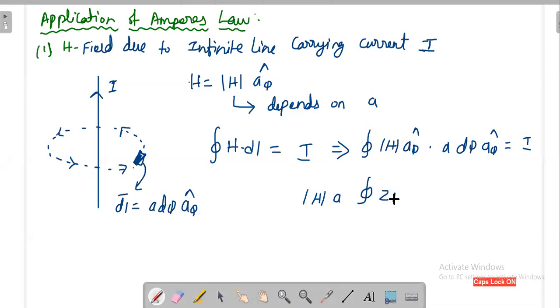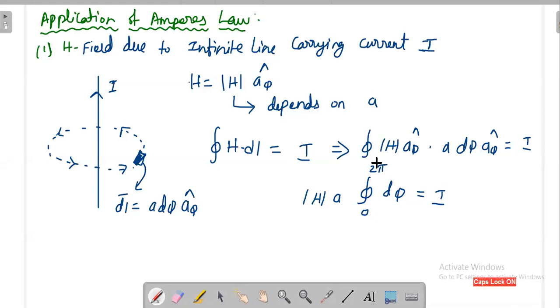What remains is the closed line integral of d phi equal to I. The range of phi is 0 to 2 pi.